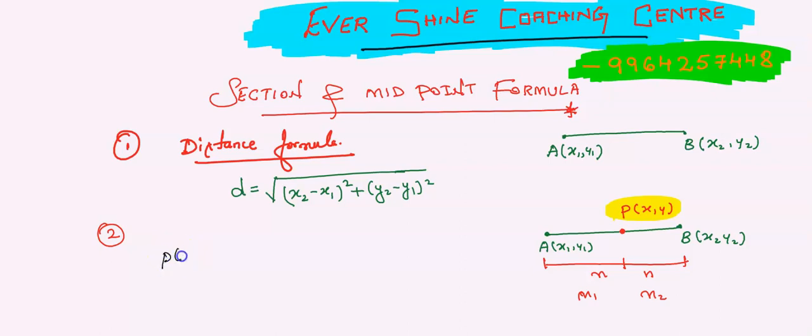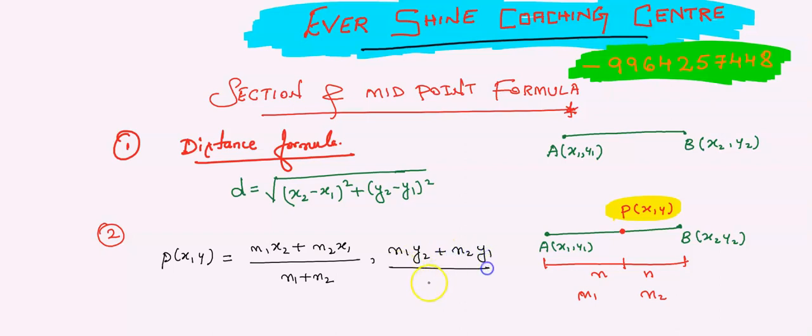P of x comma y is equal to m1 x2 plus m2 x1 by m1 plus m2 comma m1 y2 plus m2 y1 by m1 plus m2.